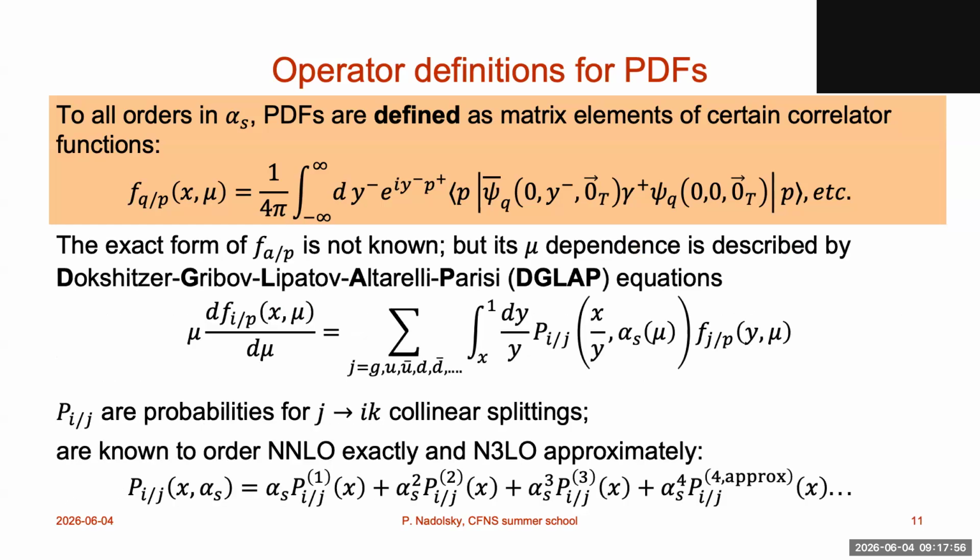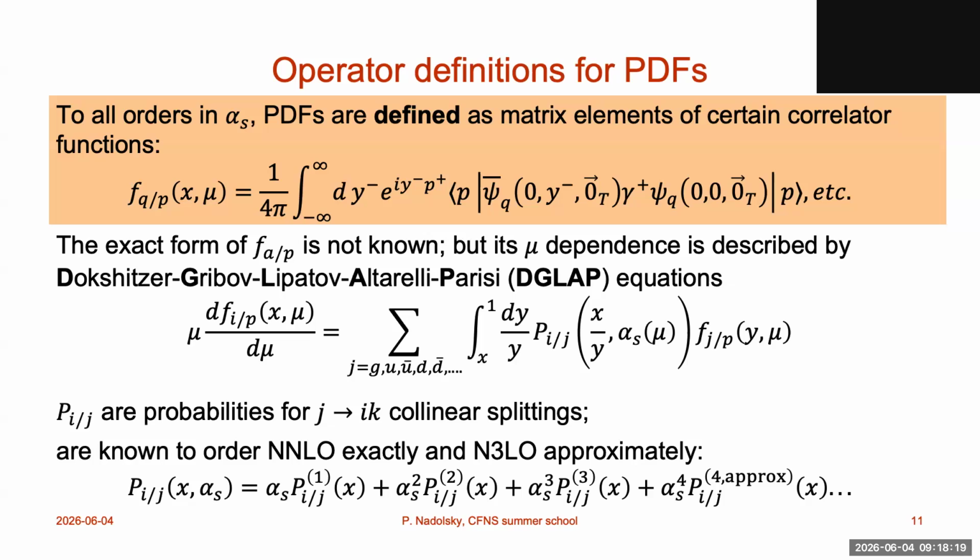Okay, now the other thing that you probably also have heard is that in general the parton distributions depend on the momentum fraction x or xi that is carried by the parton, but also they depend on the scale mu. We cannot really calculate the dependence on x, but the dependence on mu is known very well.